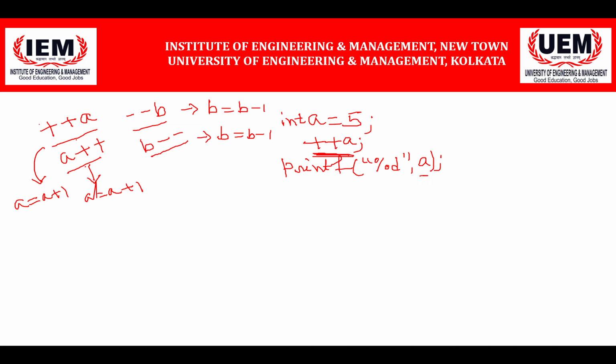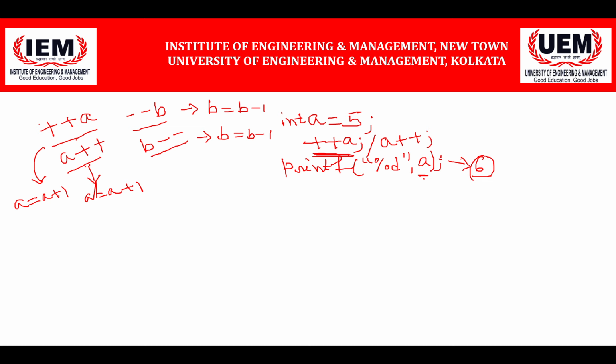Then if I print the value of A, the value of A is incremented by 1, so now the value is 6. Right? Now if you use A plus plus in place of plus plus A, A plus plus means post increment, but it is used as a statement, so the same thing happens, it prints 6.